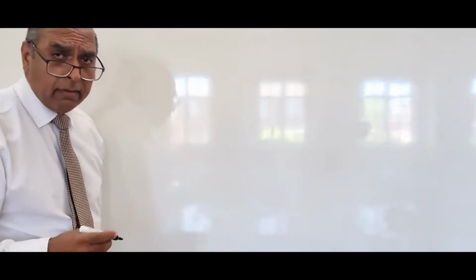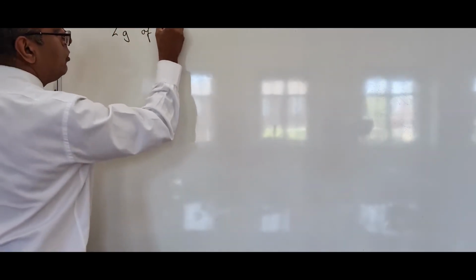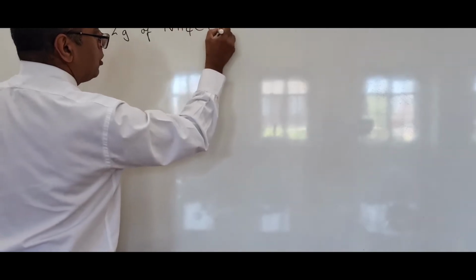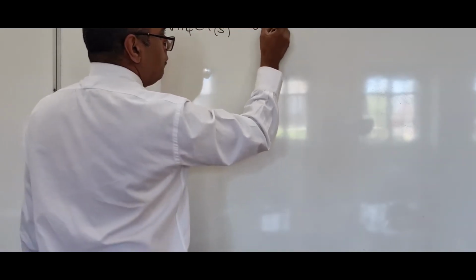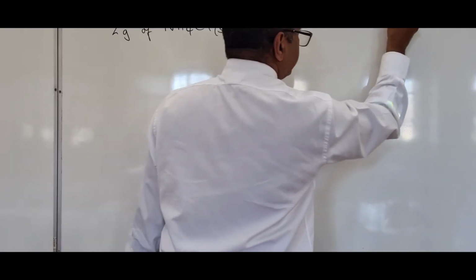How can you work out the solubility? Well, we had 2 grams of ammonium chloride solid, and it dissolves in 5 grams of water. And what we're trying to work out is what temperature.